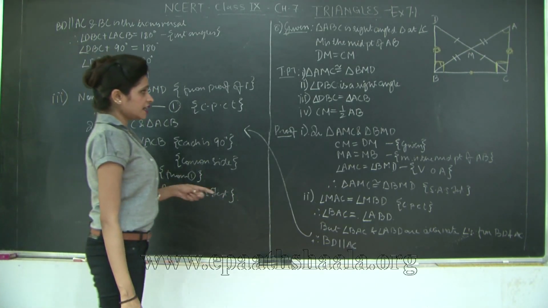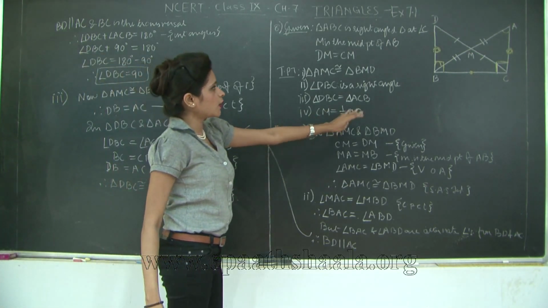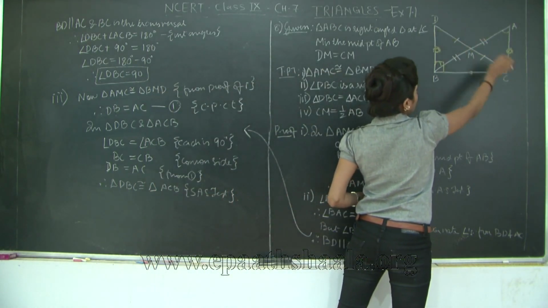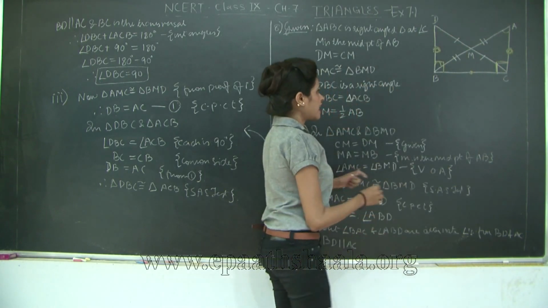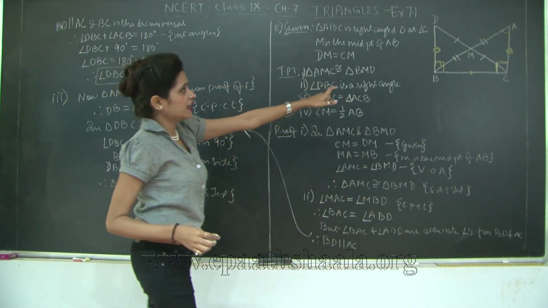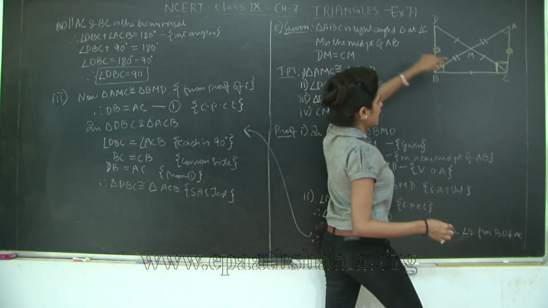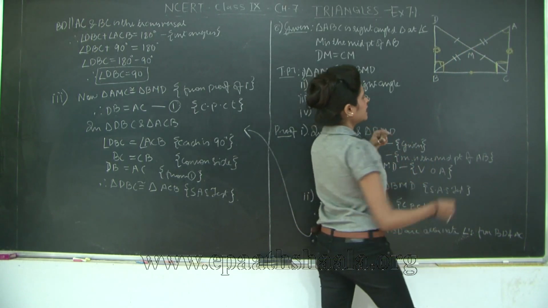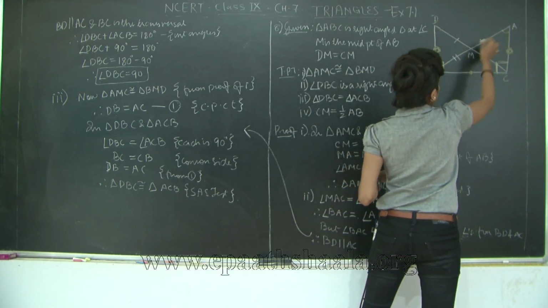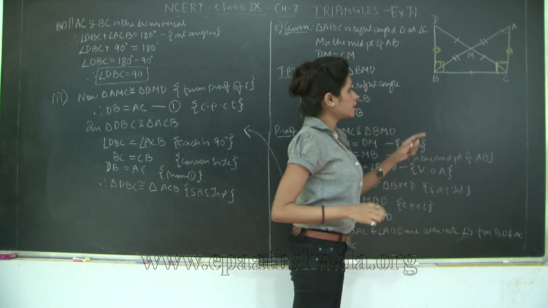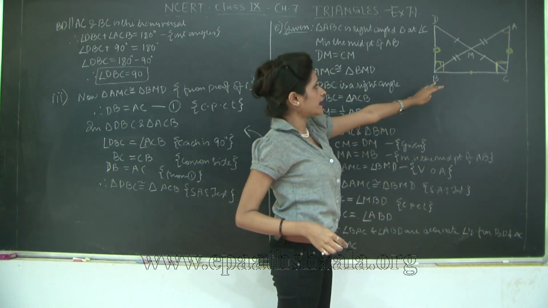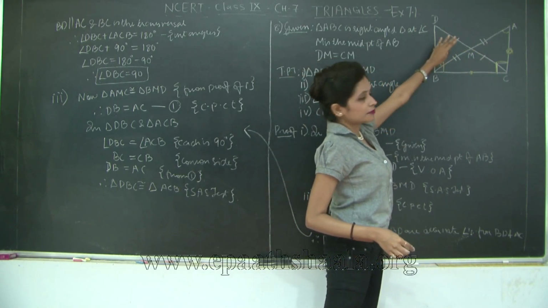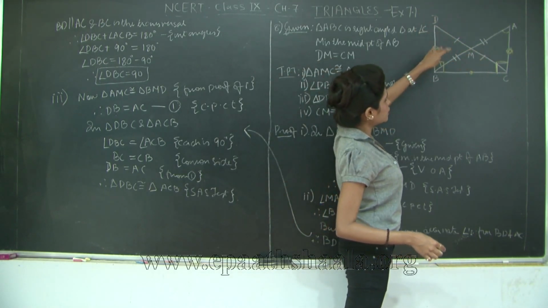Okay. Now I need to prove that CM is equal to half of AB. But we can see that CM is half of CD, right? But now see, we have proved that the two triangles, DBC and ACB, are congruent, right? Therefore, I can say that DC is equal to AB, right? Why? Because they are corresponding parts of congruent triangles. Now CM is equal to half of CD, but CD is equal to BA.